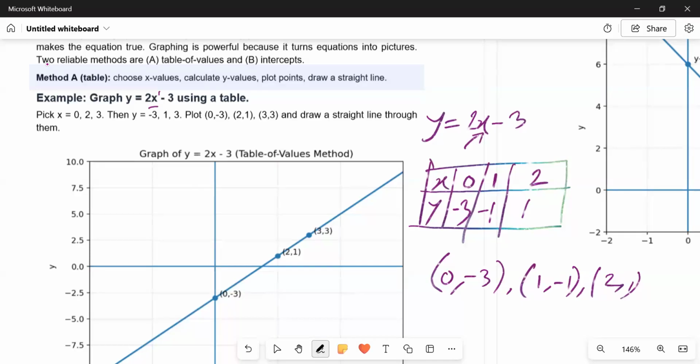So when the value of x is 0, the value of y is -3, it's here. Okay, then when the value of x is 1, I'm not sure, let us consider this as 1. Okay, the value of y is -1, so it's going to be here.